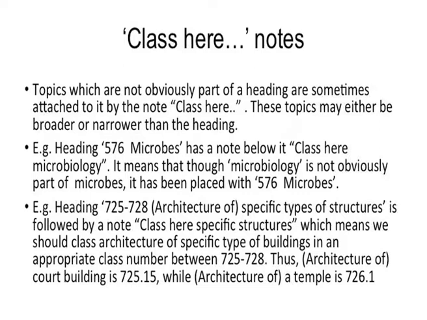Thus, architecture of code buildings is 725.15, while the architecture of temples will be covered in 726.1. So, these two are quite similar types of notes.